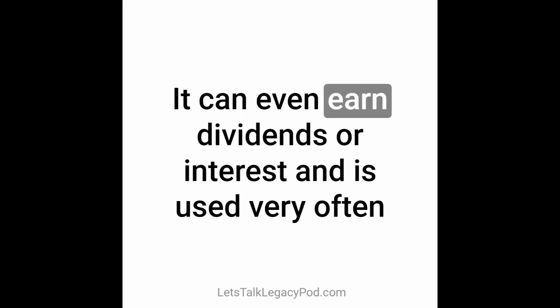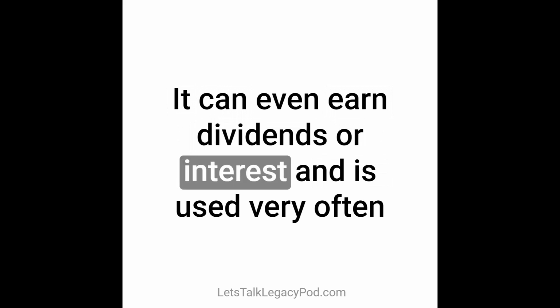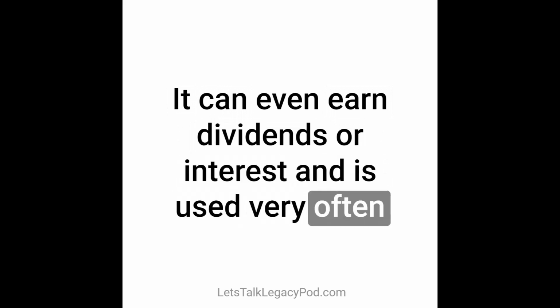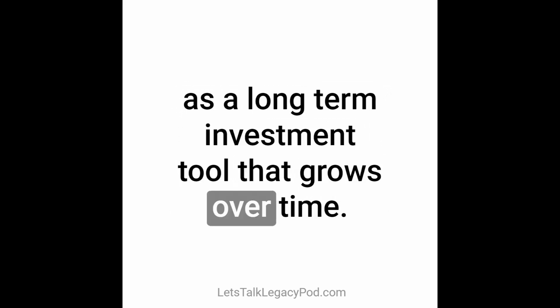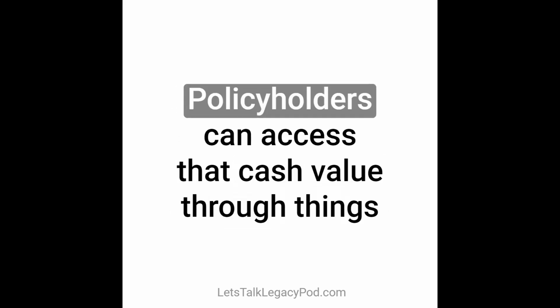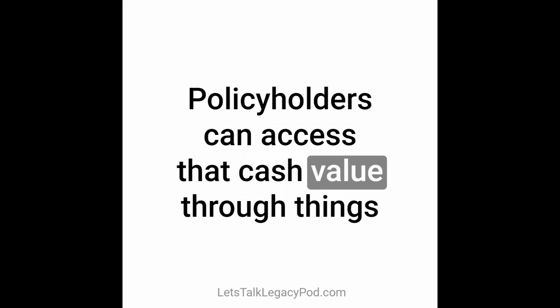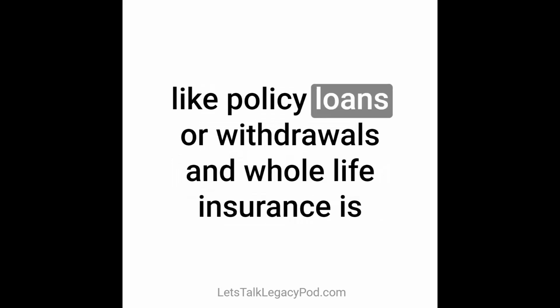It can even earn dividends or interest and is used very often as a long-term investment tool that grows over time. Policyholders can access that cash value through things like policy loans or withdrawals.